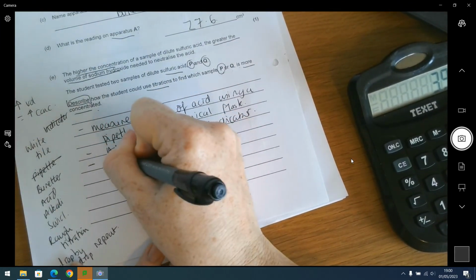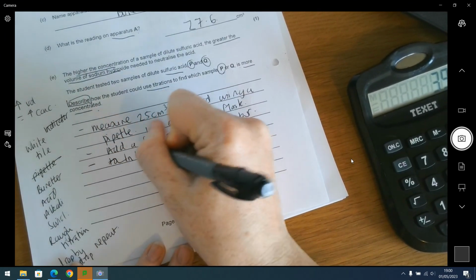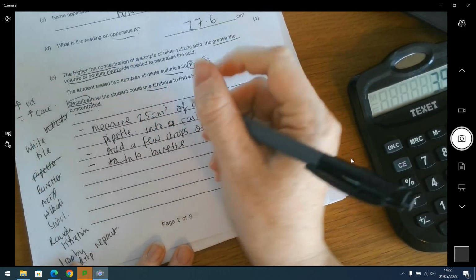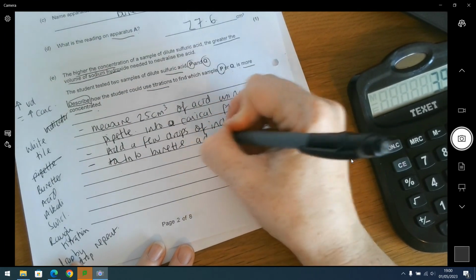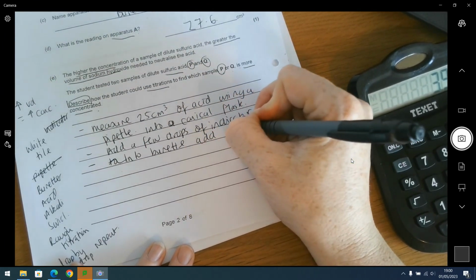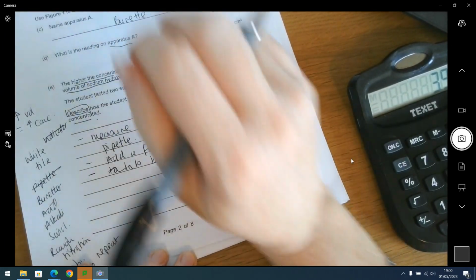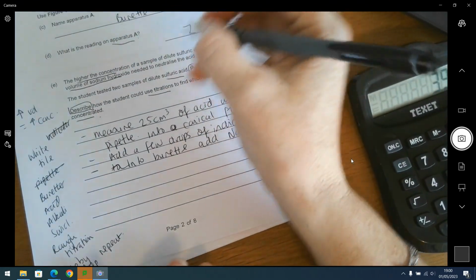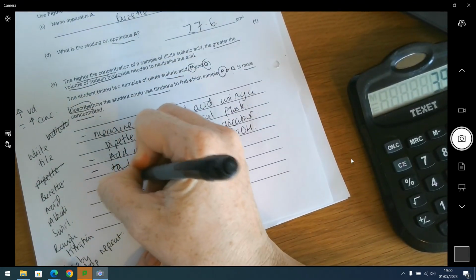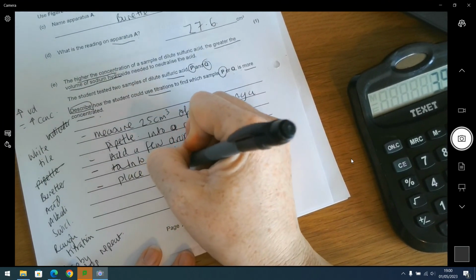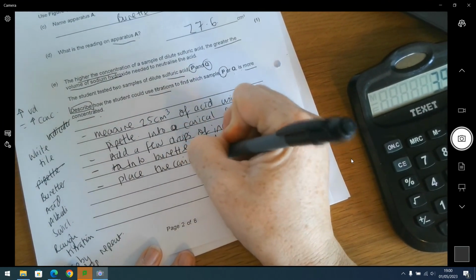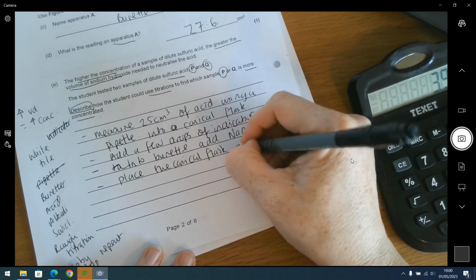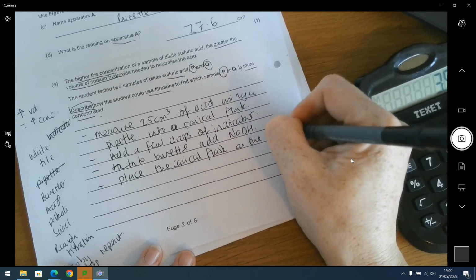Into the burette, I'm going to add my alkali, which in this case is sodium hydroxide. Again, I've got that from the question. And then I'm going to place the conical flask on the white tile.